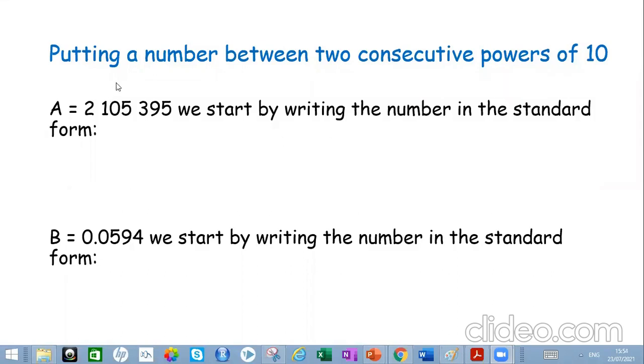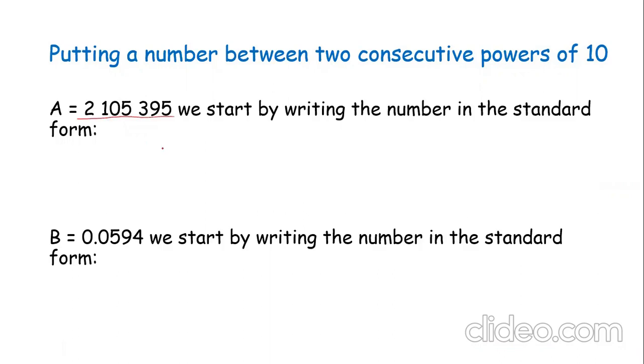So now we move to putting a number between two consecutive powers of 10. So if we have a number, for example, 2,105,000 and 395, in order to put this number between two consecutive powers of 10, we start by writing the number in the standard form. For this, we need to leave only 2 on the left side of the decimal point. So we need to multiply the number by 10 to the power of minus 6 and multiply again by 10 to the power of 6.